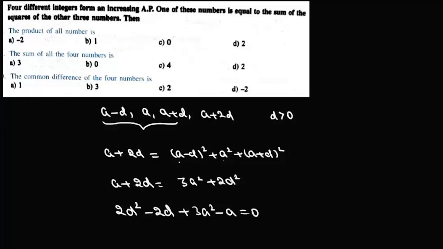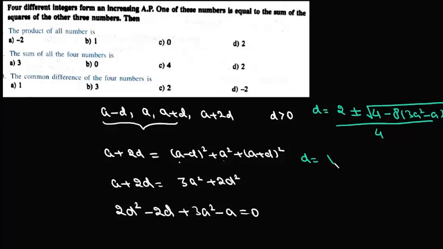Now if we solve for d, we can write d equals 2 plus or minus under root of b square, which is 4, and then minus 8 times (3a square minus a), whole divided by 4. Now we can cancel 2.